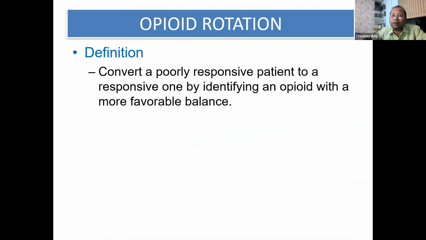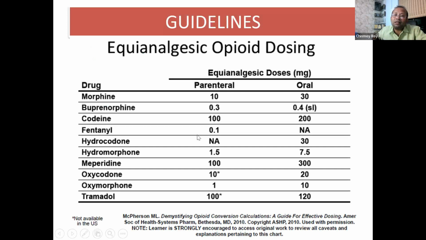What do you mean by rotation? Rotation means you will choose another opioid at the same equianalgesic dose. For equianalgesic doses, there are charts. There are multiple charts. You can keep one chart in your office so that you don't have to memorize everything.